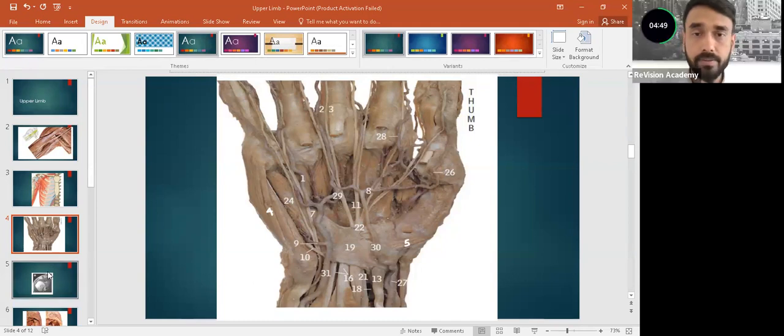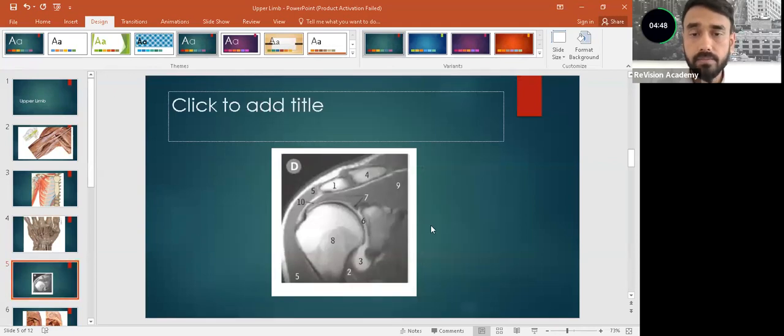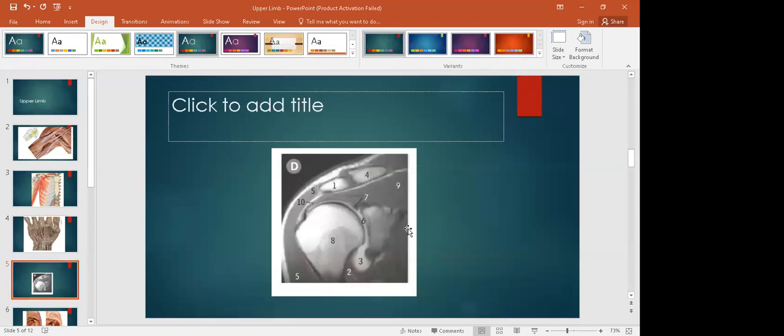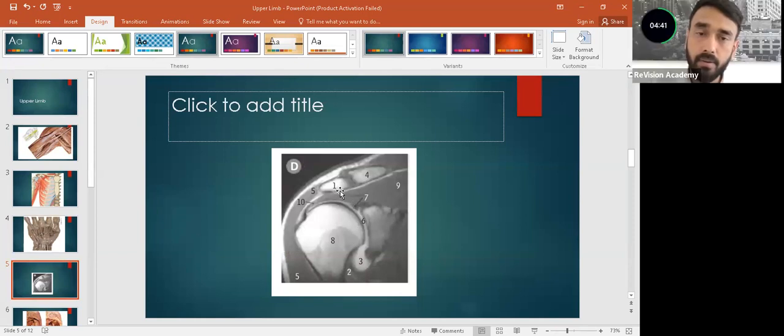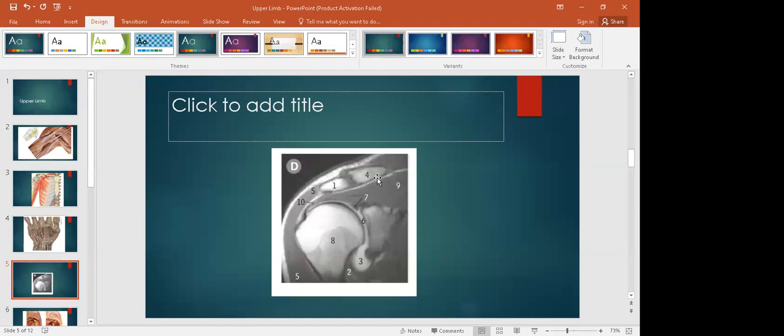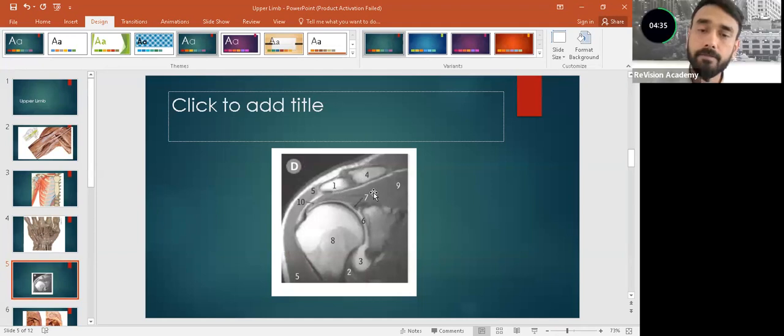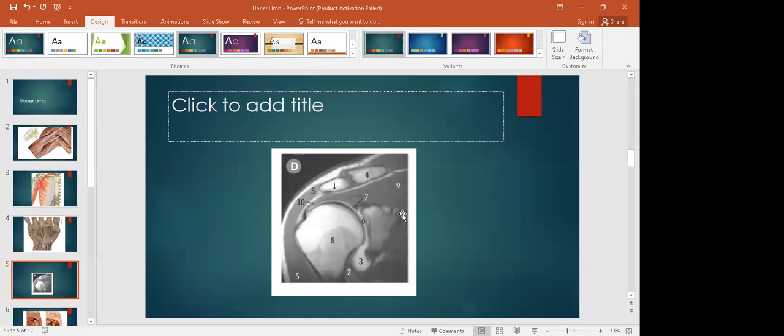Thank you so much. Can you see the picture? Yes. Can you please tell me number 1? Number 1 is acromion. Number 4? It's the clavicle. Number 9? Number 9 is the supraspinatus muscle.